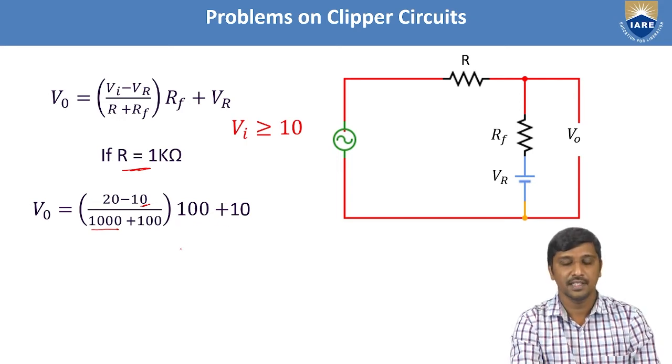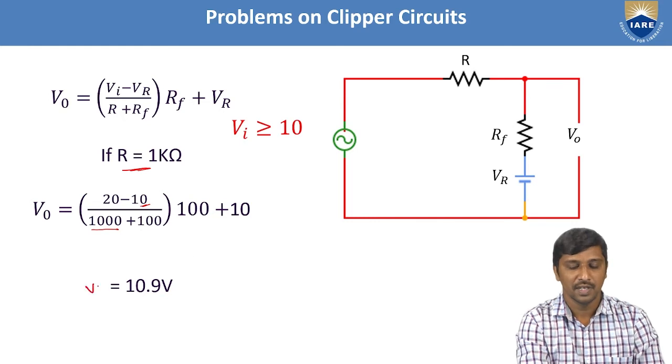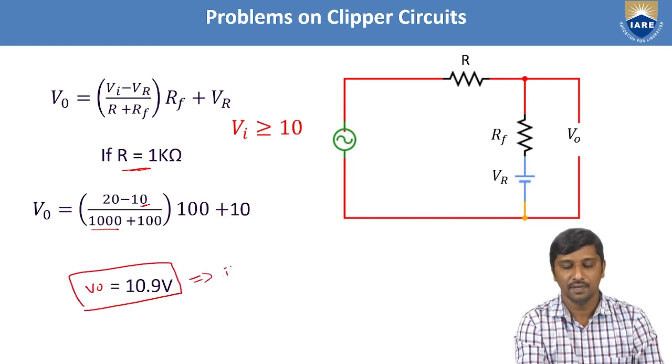Then simplify this ratio; it gives V0 equal to 10.9 volts if R is equal to 1 kilo ohm.